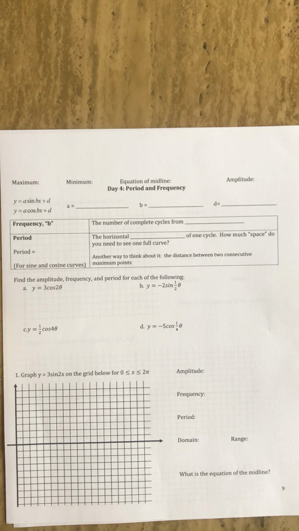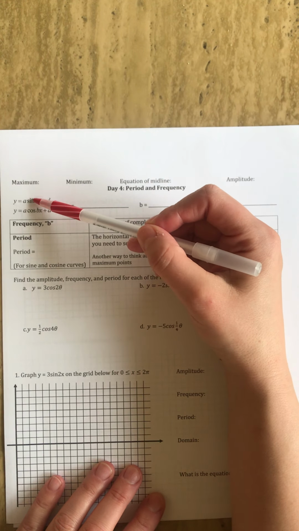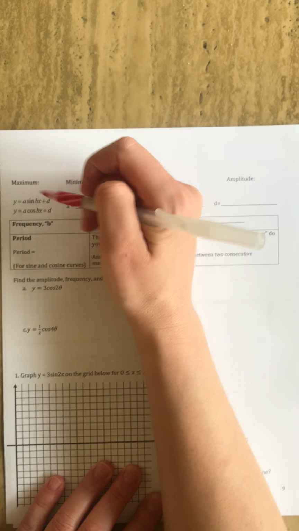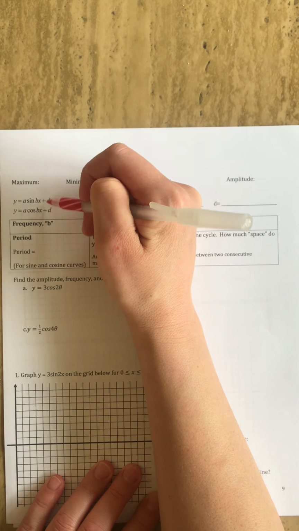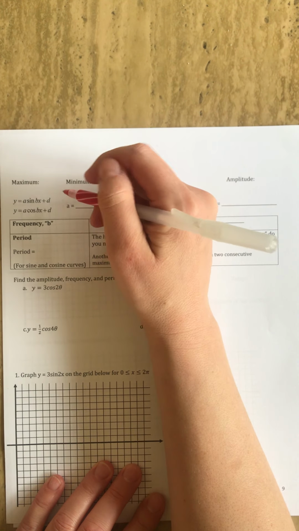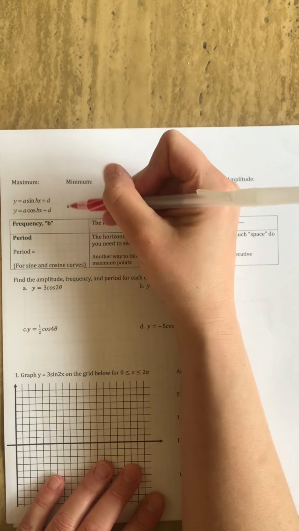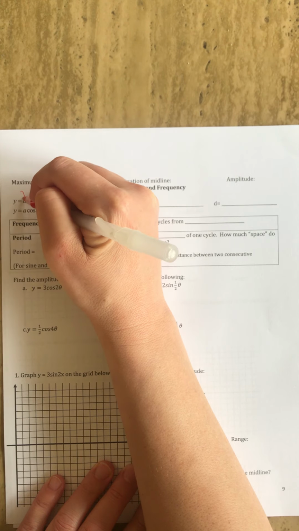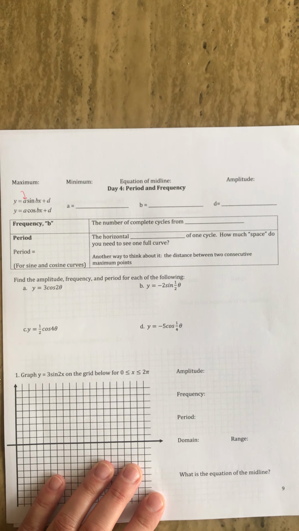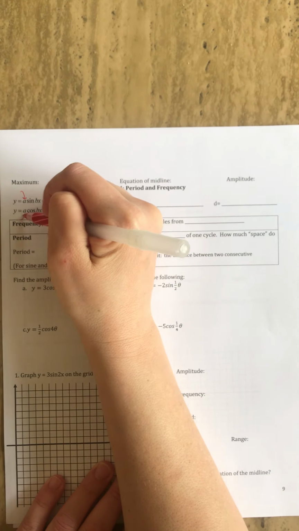Today we're going to be focusing in on day 4, period and frequency. So far we've focused in on graphing sine and cosine and our vertical shifts, plus D or minus D, up or down. And we have talked a lot about what A represents. A is outside, or in front of sine and in front of cosine.